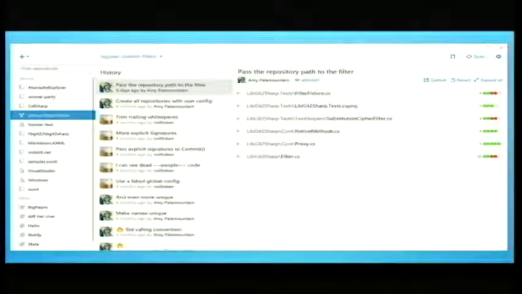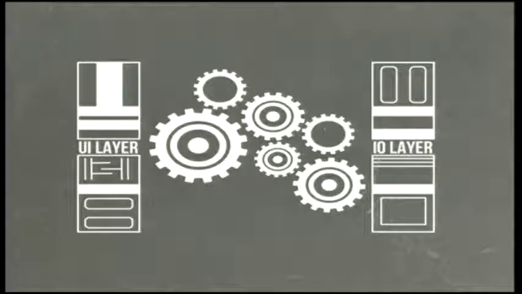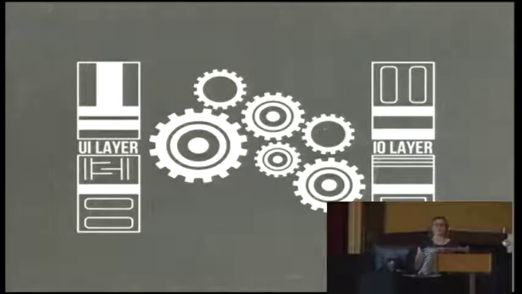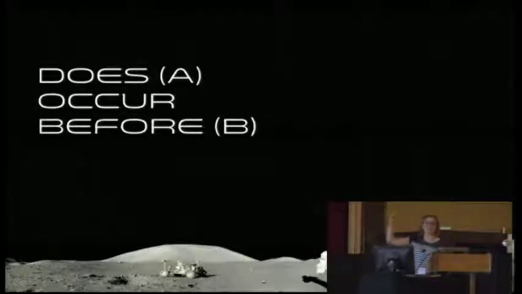And to bring it back to the real world for a moment, in an app like GitHub for Windows or Visual Studio or any GUI application, the number of events that we're keeping track of is enormous. You've got events being raised from your UI layer, and you've got events being raised to and from your I/O layer. And in the middle, what we've done is essentially built a Rube Goldberg machine of state and time. The mental model that we have is bound to what states you expect to change and when you expect them to change.